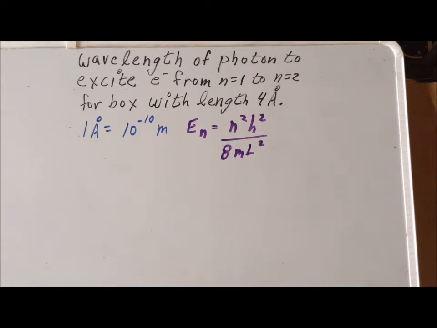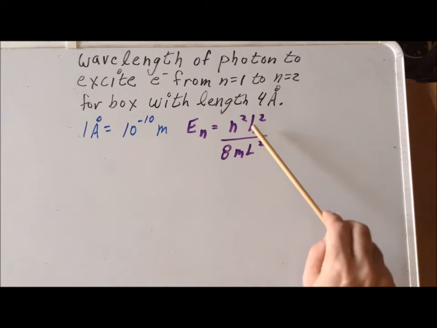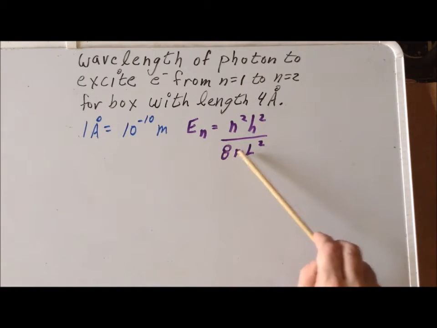So what we're going to do is first compute the h squared divided by 8mL squared part.